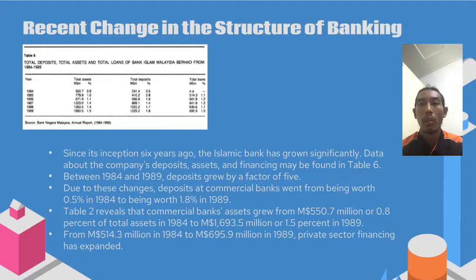Table 6 revealed the commercial banks' assets grew from 557 million, or 0.8% of the total assets in 1984, to 1.6 million or 1.5% in 1989, and financing grew from 500 million in 1984 to 695 million in 1989. Private sector financing expanded.